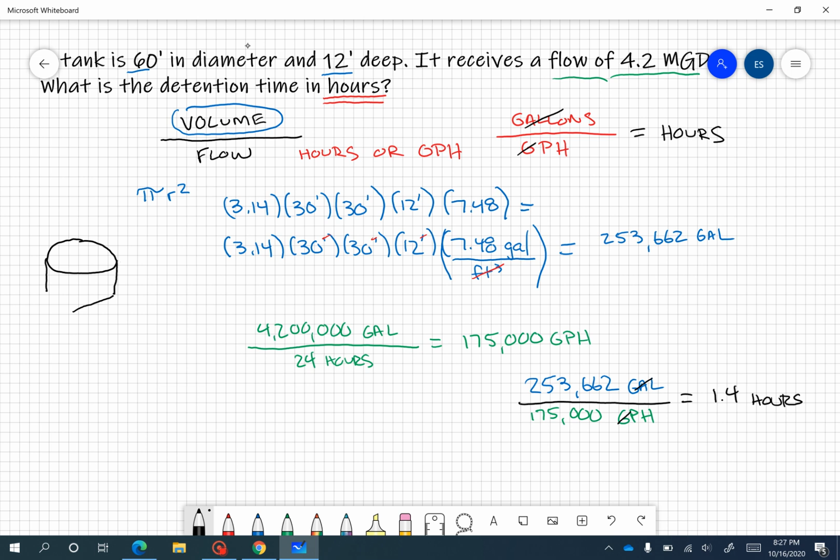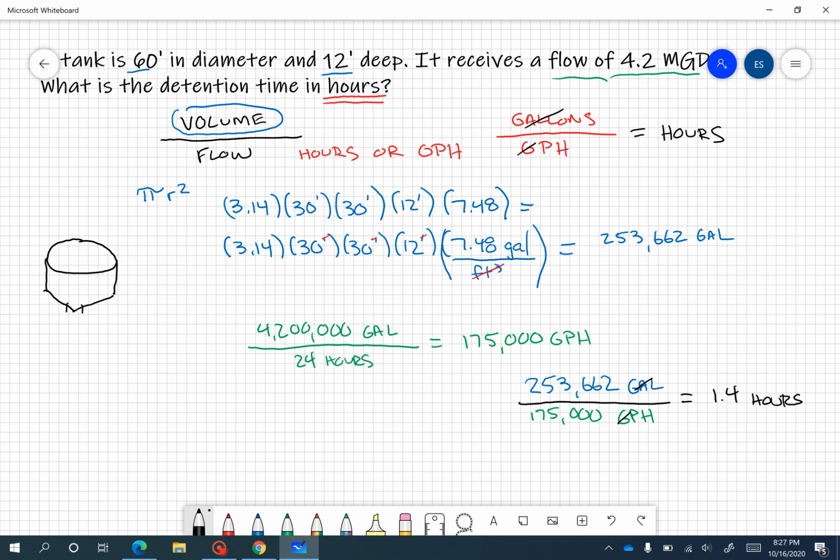It's going to be cone-shaped at the bottom, because we're withdrawing sludge from the center, the floor is sloped downward from the sides to help facilitate that sludge moving.